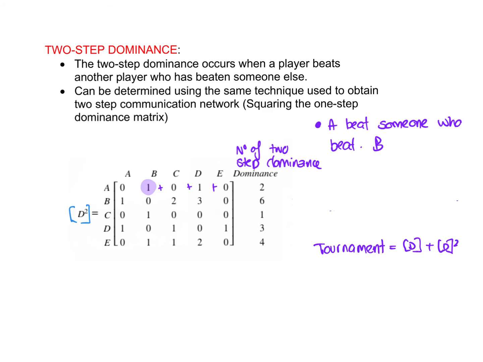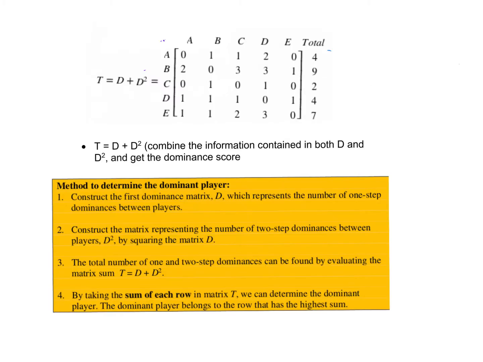Same as with communication. So when you add the two together, you then add up. So you add the two matrices and this is the total, matrix T.